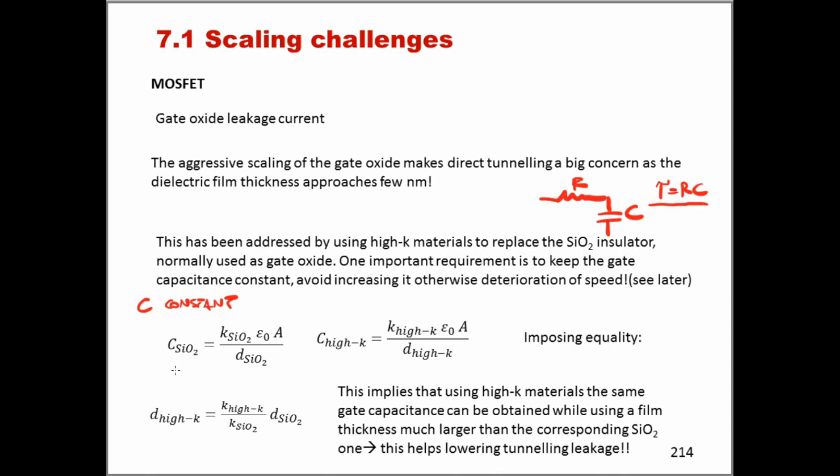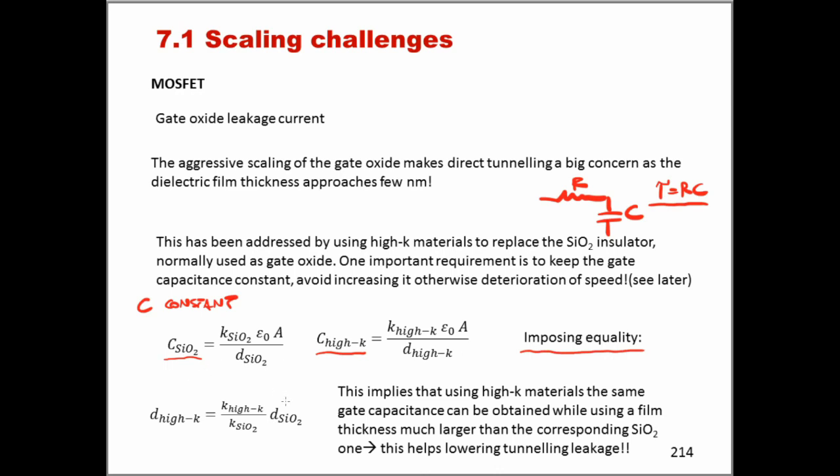So let us assume that during the scaling process, our insulating layer that used to be made of silicon dioxide is now becoming too thin, and direct tunneling is a problem. So what I want to do is to change to a high-K material. Let's say there is no reason at this point to say what material that is, but what we need to do is to impose an equality between the capacitance of the new insulating layer and the capacitance of the old silicon dioxide insulating layer that I used to use.